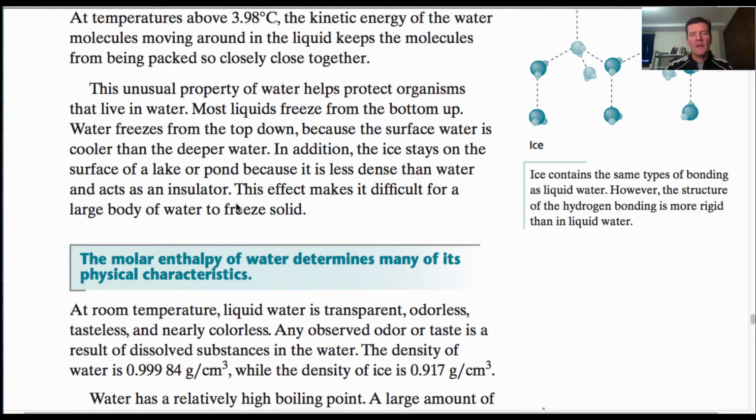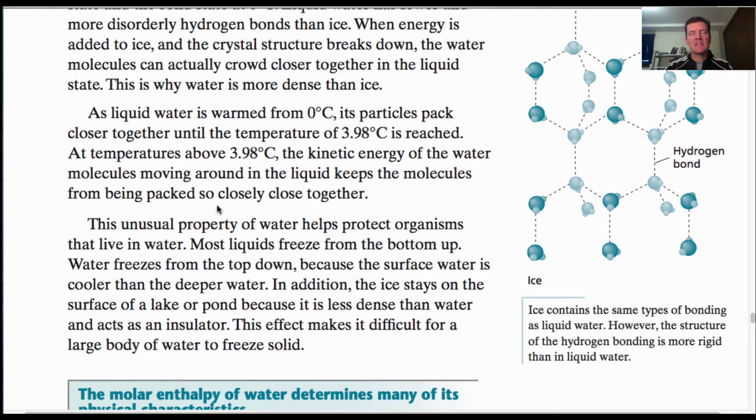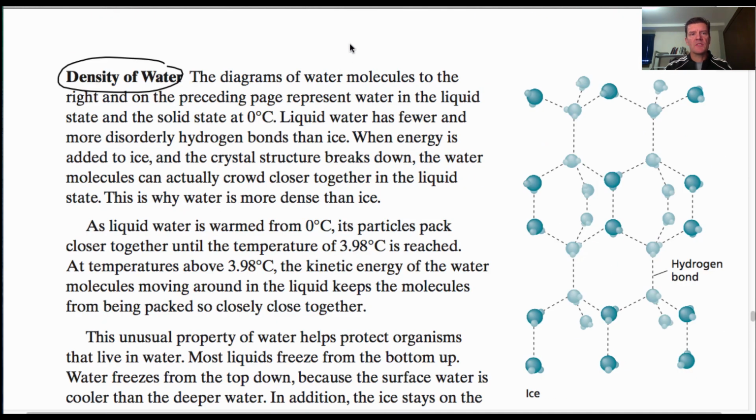Now there is one characteristic of water that is very unique, and that is that as a solid, this is important, as a solid, it is less dense than as a liquid. That's pretty unique. That's not what we would expect.